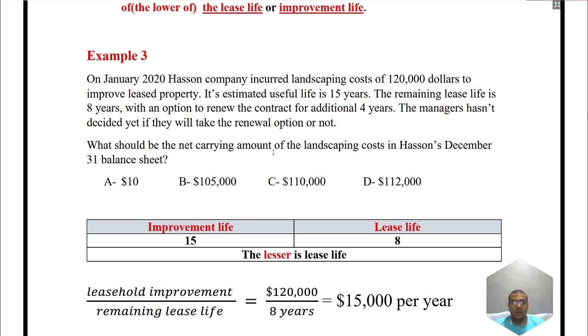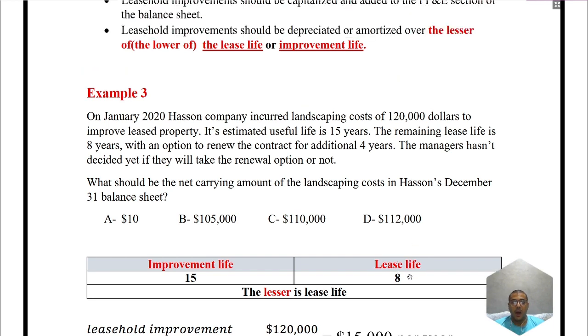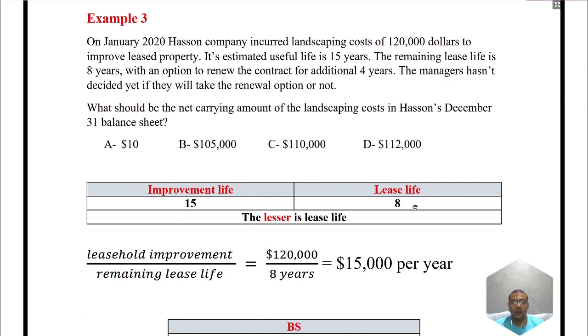What should be the net carrying amount of the landscaping costs in Hassan's December 31st balance sheet? We have an improvement life of 15 years, and the lease life is 8 years. The general rule is I'm going to amortize the leasehold improvement over the lesser of the lease life or the improvement life, and the lower here is the lease life.